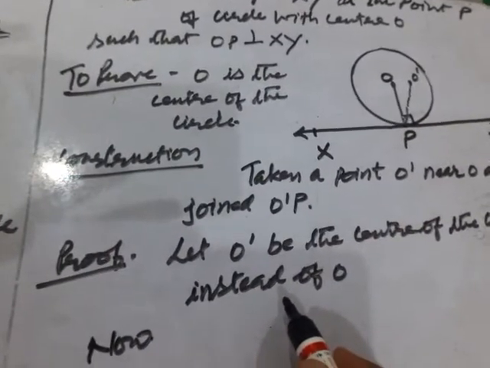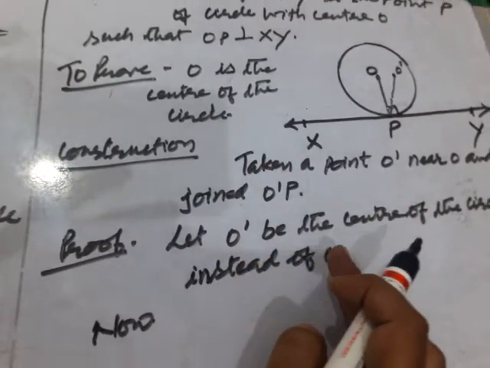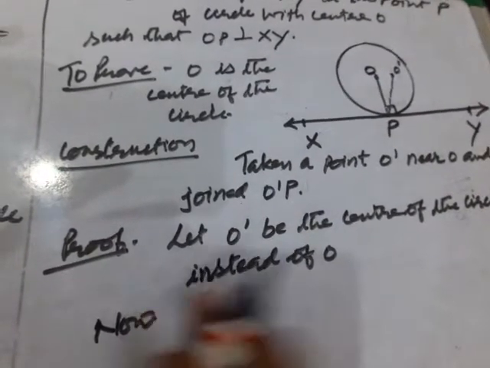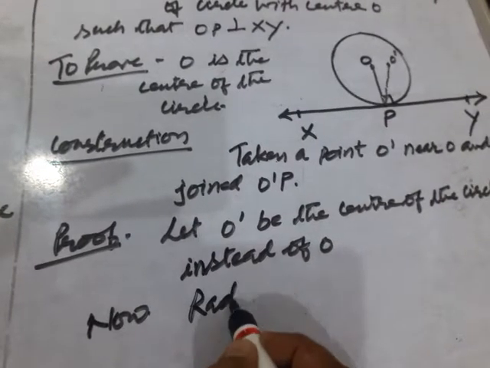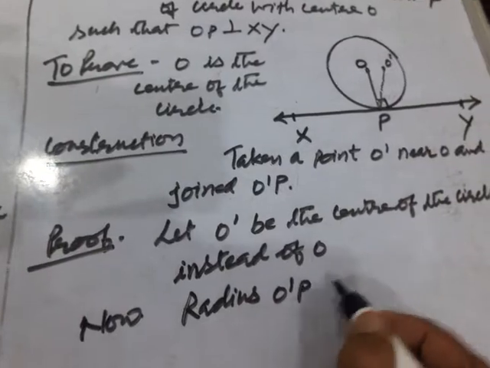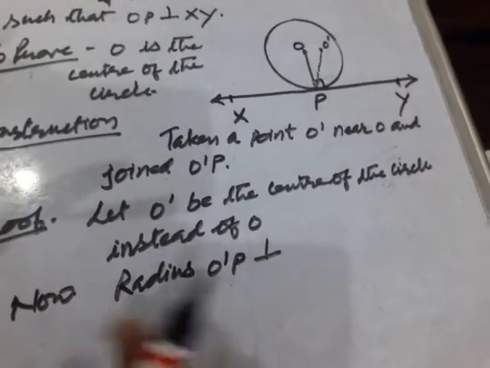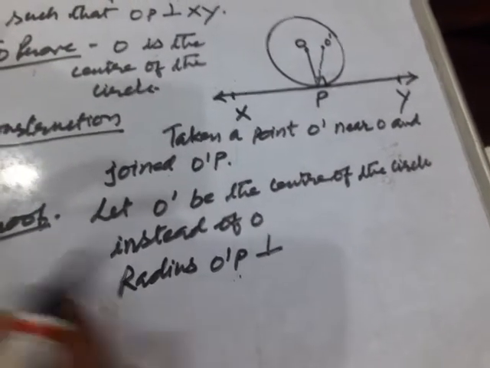Now we know that since O dash is the center of the circle, radius O dash P is perpendicular to the tangent XY.